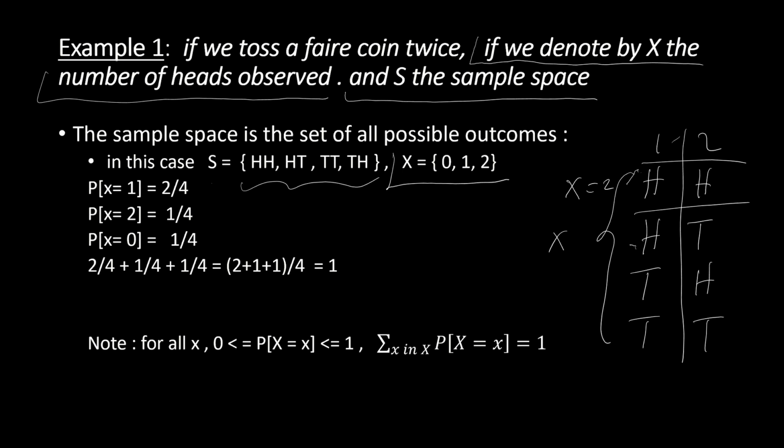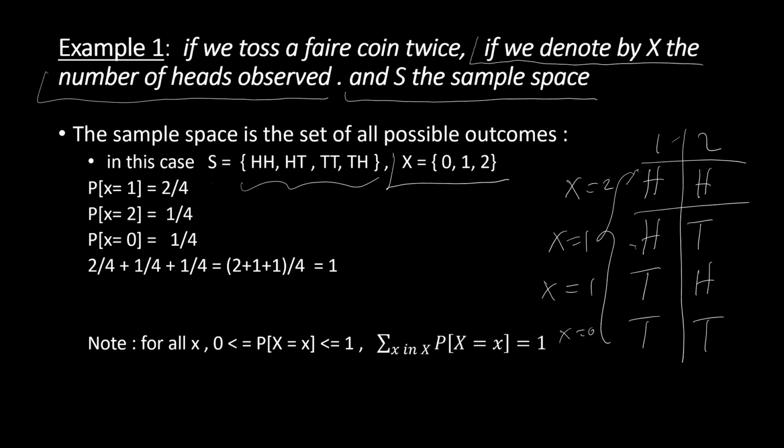For this one, x equal to 1. For this, x equal to 1 again. And for this, x equal to 0. So the set of values of x will be 0, 1, or 2 heads.